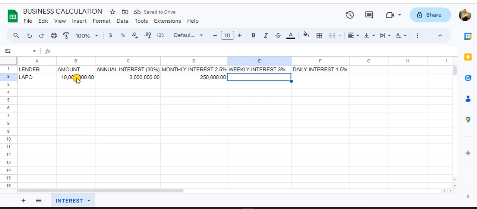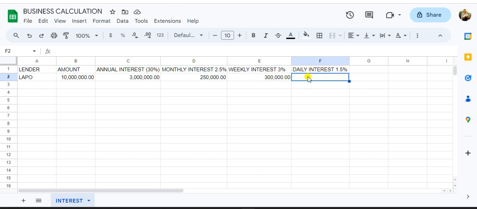Then weekly interest, which is 10 million naira multiplied by 3% interest. So that means every week we are going to give them 300,000 naira.